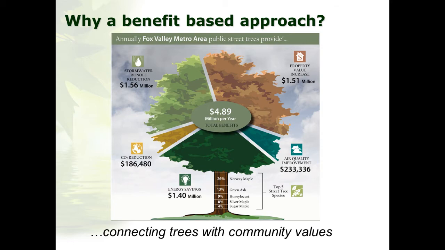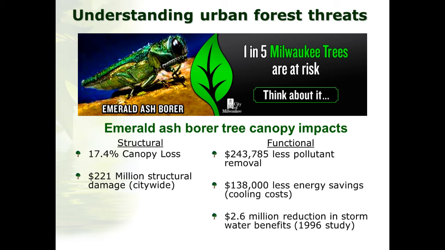One of the other advantages of the benefit-based approach is that it allows us to really look at the risks to the urban forests in a whole different way, such as in this example from the city of Milwaukee, who used one of the iTree applications, iTree Eco, or what was then called UFORE, to do a whole assessment of the city of Milwaukee.